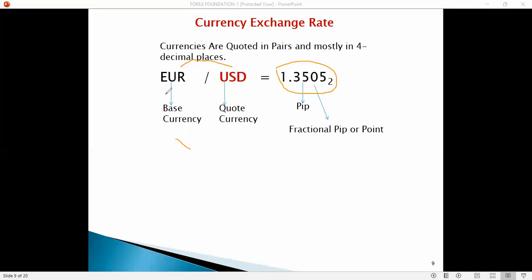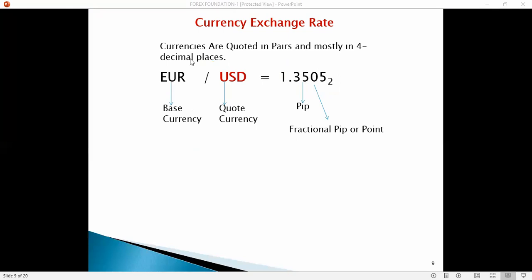It means if you want to give me 1 euro, because I need the euro and I want to collect it from you, I have to give you $1.35 and above. This is the cent, 35 cents, and above to get the 1 euro from you. So 1 euro is equivalent to $1.3505. Now these two, I'm going to explain every detail right on this spot, guys. I'm going to explain everything.